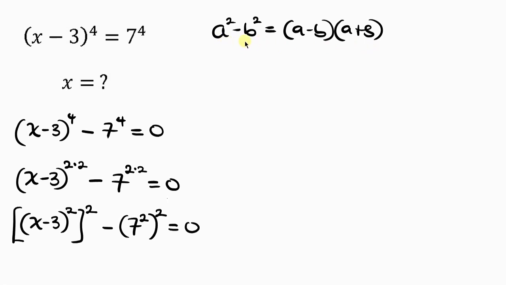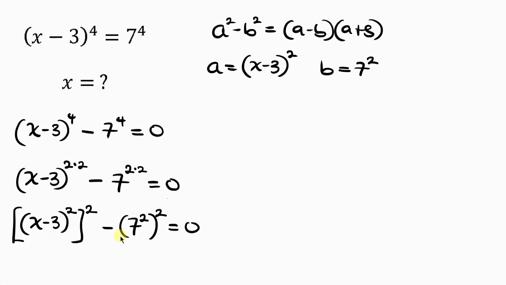If we compare what we have here to what we have here, you notice that a is the same as this expression, (x − 3)^2, and our b is the same as 7 squared.